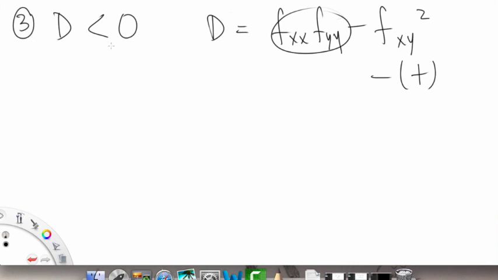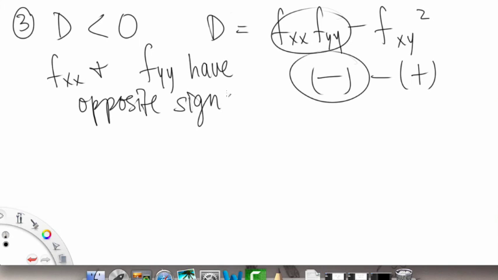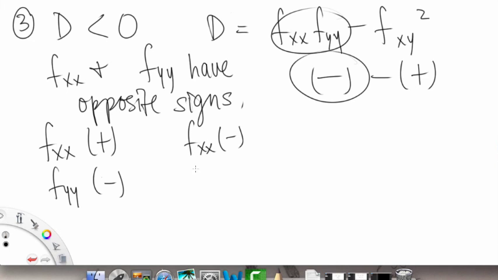If D is negative, that implies that we have a negative number or a 0 here. So this must be negative, which means that fxx and fyy have opposite signs. So fxx could be positive and fyy negative, or it could be flipped: fxx is negative, fyy is positive.